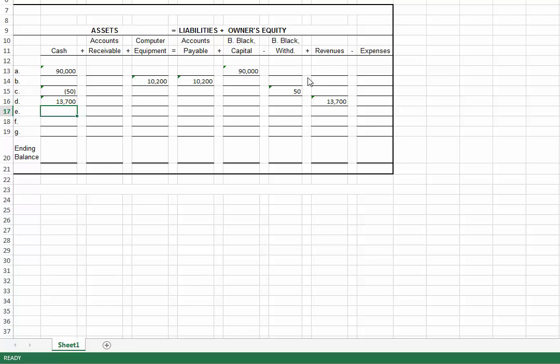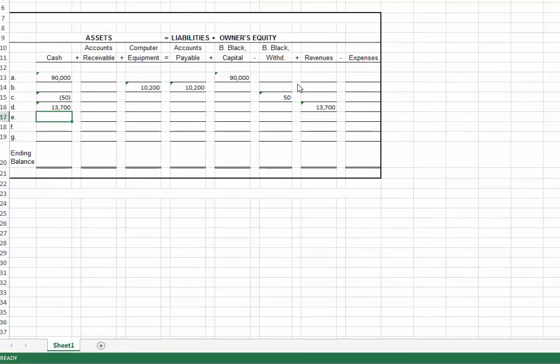So in this class, we are learning something called accrual-based accounting, meaning that we count revenue when it is earned, not when it is deposited. So the minute we have performed the service for the customer and they owe us the money, we count that as revenue.